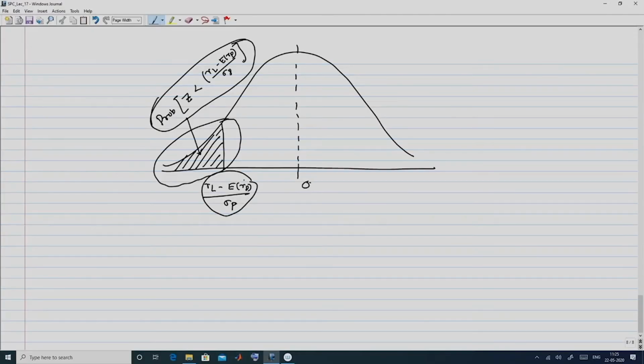You could have a whole bunch of portfolios. For each of those portfolios you will have R L minus E R p over sigma p, which will essentially set the area under the shaded curve, and you want to find which of them is going to give you the smallest shaded area.